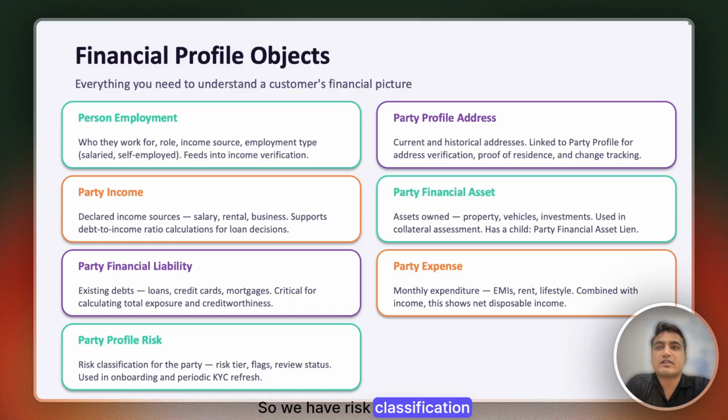This object can be utilized for risk classification of the party, risk tier, flags, and review status, and it is used in onboarding and periodic KYC refresh as well. So we have seen there are 7 objects. Together these 7 objects give you the complete financial profile of a customer before you make a decision on lending or onboarding.